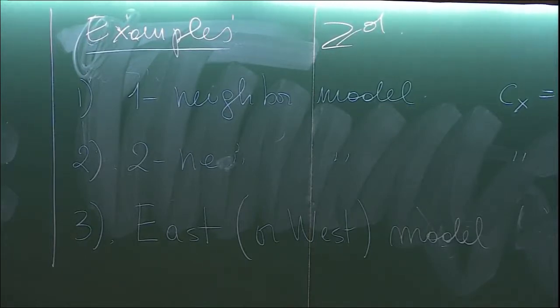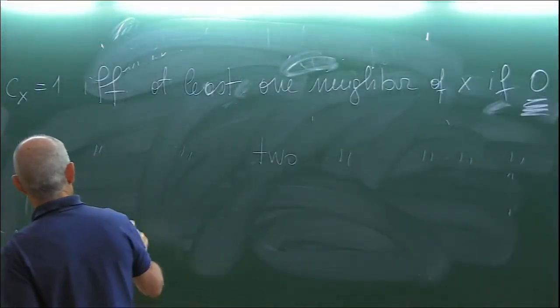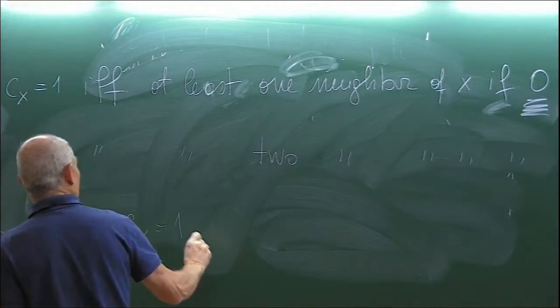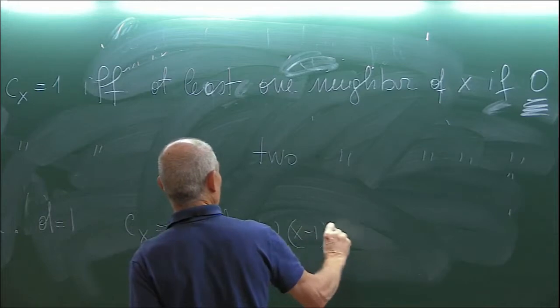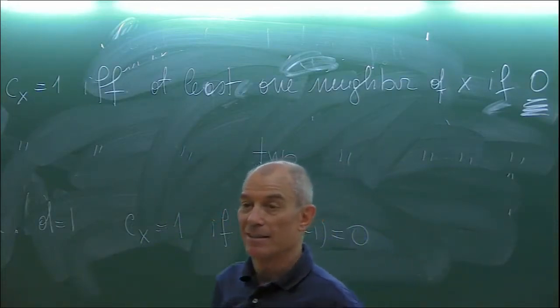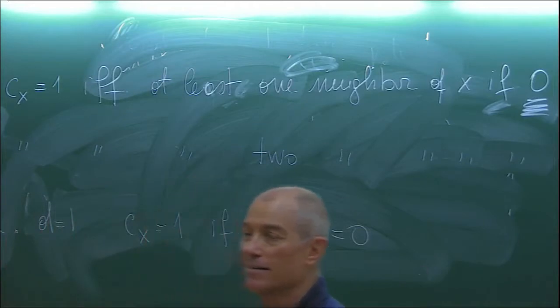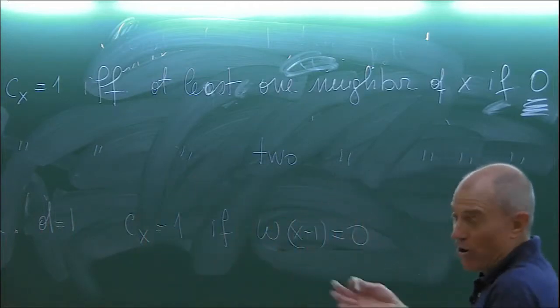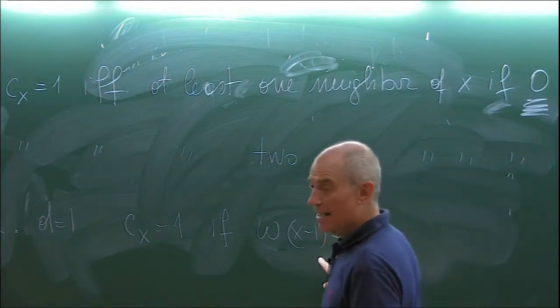So in this case, d is 1, so we are in one dimension. And c_x is 1 if omega_{x-1} is 0. So if your left or west neighbor is 0. Originally it was if your east neighbor is 0, but of course it's just the same. Okay, so this is oriented.